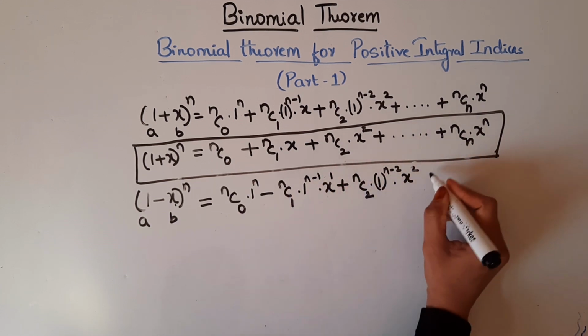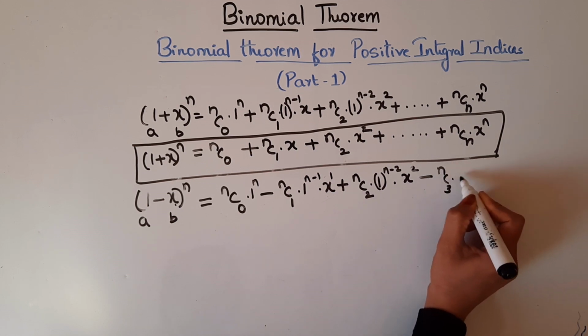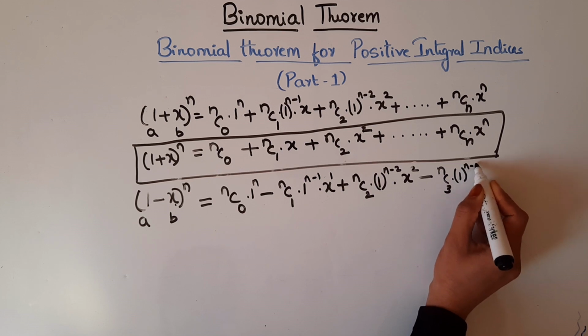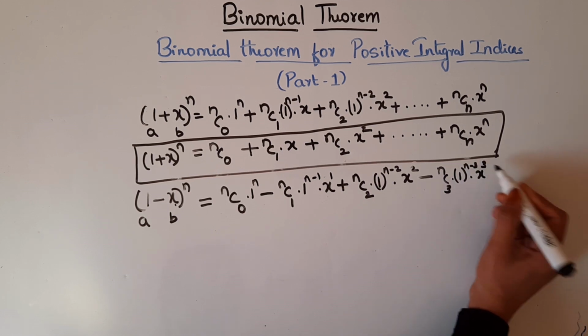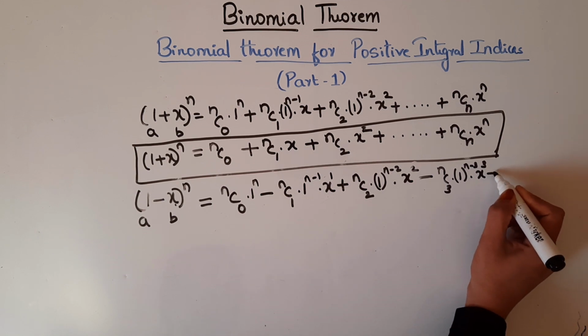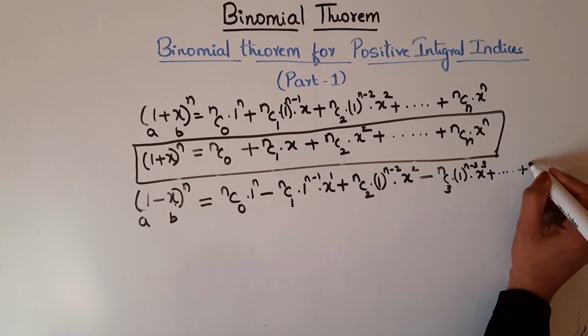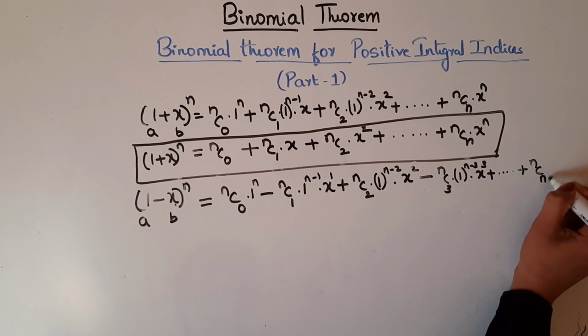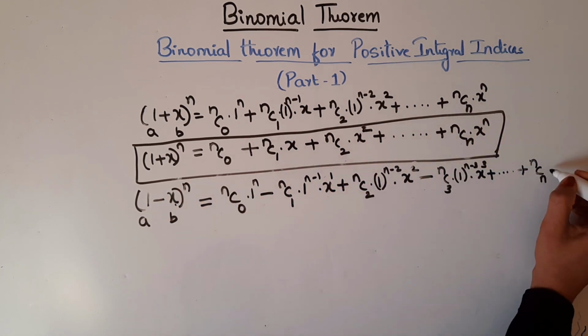So minus, plus, the next term will be minus, so we have NC3 into 1 power n minus 3 into x to the power 3, plus, and so on, plus the nth term will be NCN into x to the power, here x is minus b, so minus b to the power n.